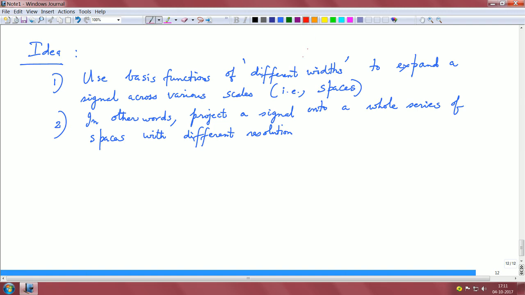I think this is very important. Different resolution, basis functions of different widths, expanding a signal, right, and possibly projecting a signal onto a whole series of spaces. So, these are sort of ideas.